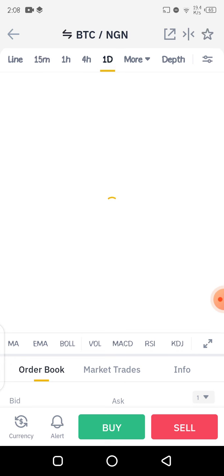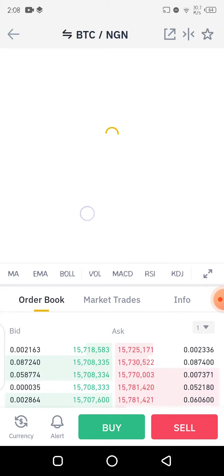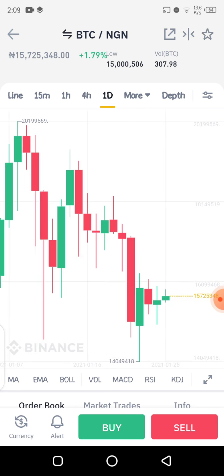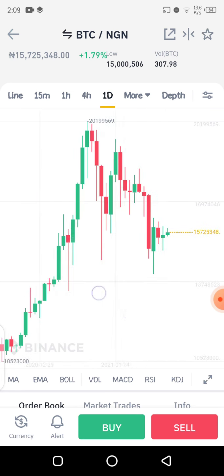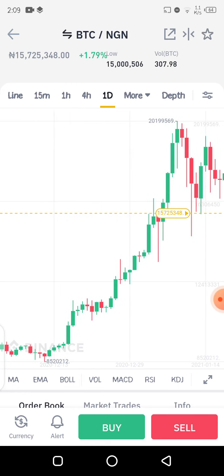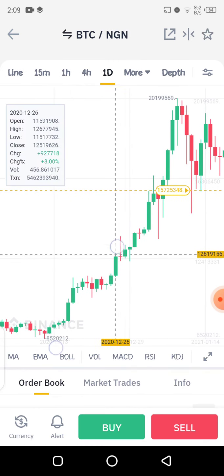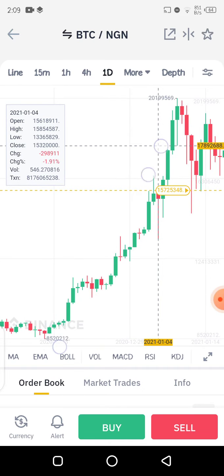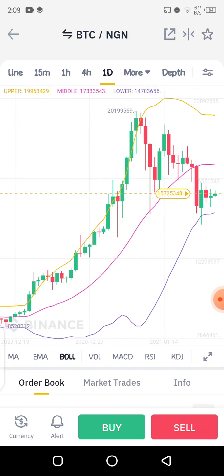Worst case scenario, on the daily it's still going to go up because the trend is going up. So you think, okay, because the daily trend is going up, even if what I look at on the 1 hour before placing my trade goes wrong, everything is going up on the daily. My trade will still go back up.